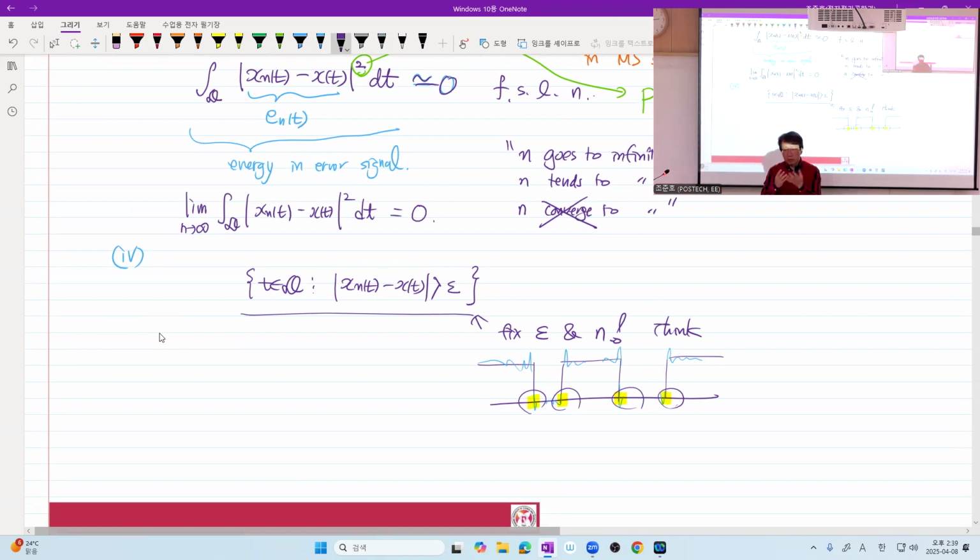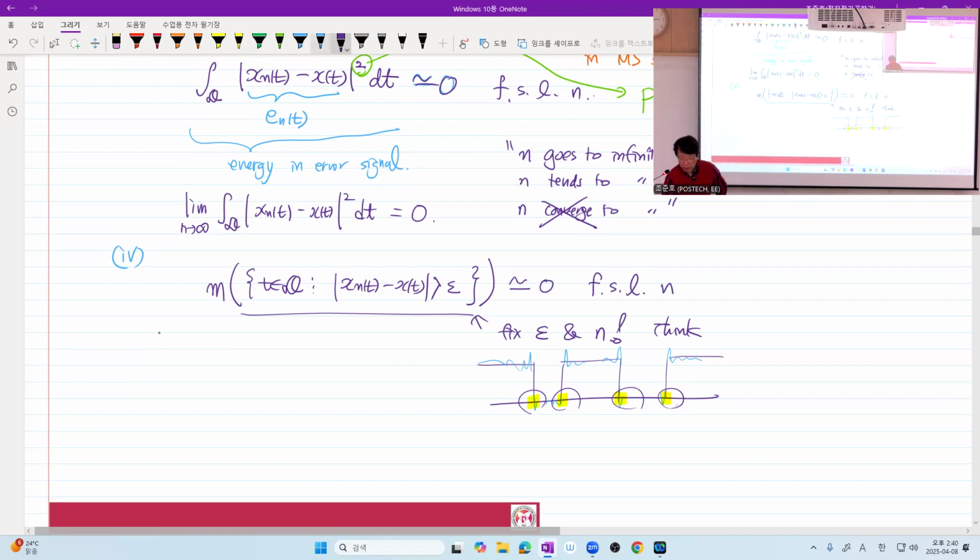Now, we want to combine this idea of the set of points where it deviates too much from the limit function, which becomes smaller and smaller. Probably what we want is to take the measure or length of this set, and we want to say what? This equals almost 0 for sufficiently large n, right?